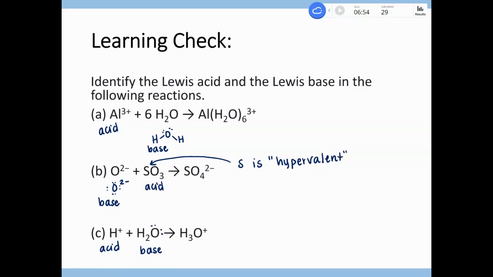It's a hypervalent atom. It's in the third period. In the third period, elements can hold more than 8 electrons. So we know for sure O2- can't accept any more. It's in the second row. It can only have 8 electrons in its valence shell. It already has 8, so it can't accept any more. The other molecule has a hypervalent atom.